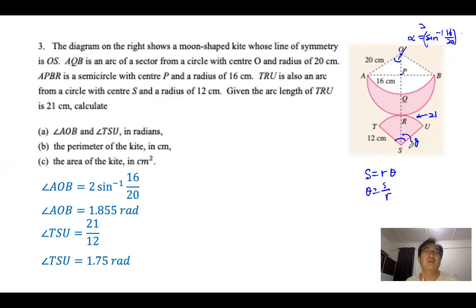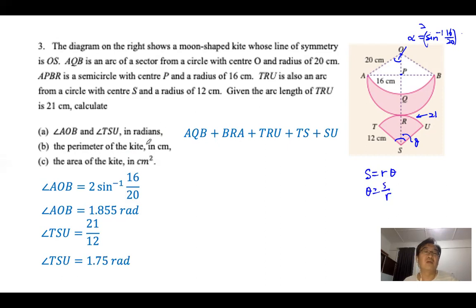Part b, find the perimeter of the kite. Perimeter of the kite means AQB plus BRA plus TRU plus US and ST, the length outside, meaning the length that covers the outline of the kite. So it's AQB plus PRA plus TRU plus TS plus SU.